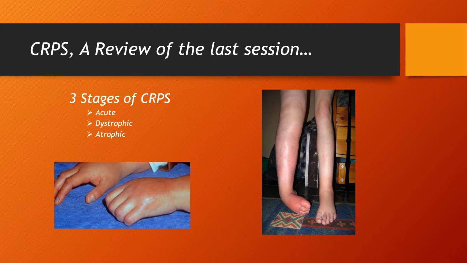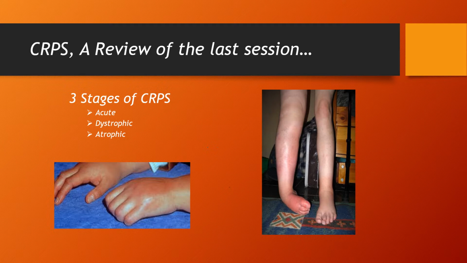Additionally, you have increasing stiffness in the joints, less range of motion of the affected limb. So we begin to see osteoporosis and the subchondral bone erosion on x-ray, and again a positive bone scan of the injured area.